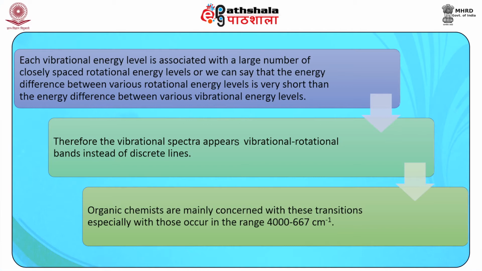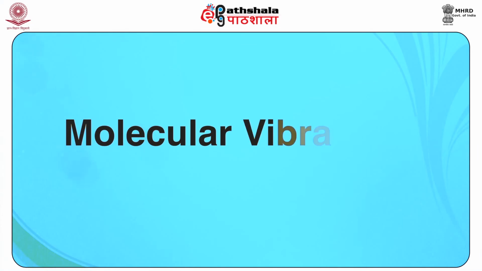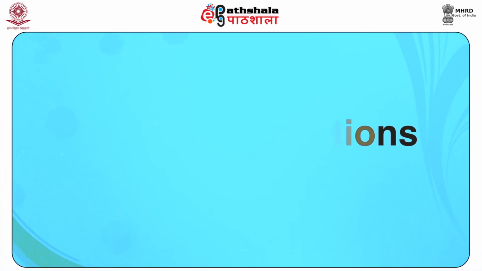Therefore, vibrational spectra appears as vibrational rotational bands instead of discrete lines. Organic chemists are mainly concerned with these transitions, especially with those which occur in the range of 4000 to 667 centimeter inverse. Next, we come on to the molecular vibrations.